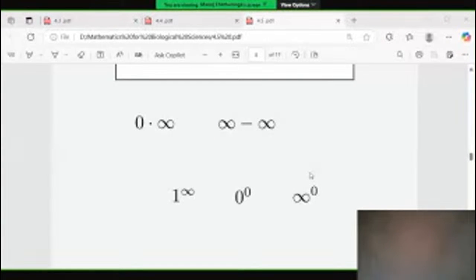You can bring the power to the front and make it a regular function. So for these things, you need to take logarithms. Please go through examples provided in the note.